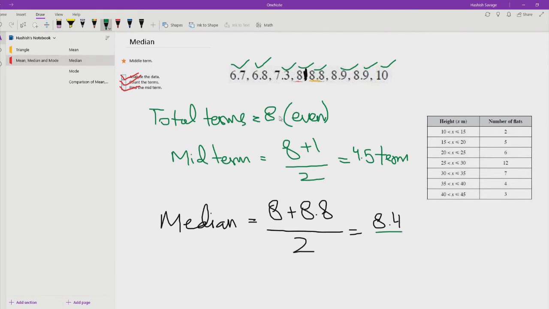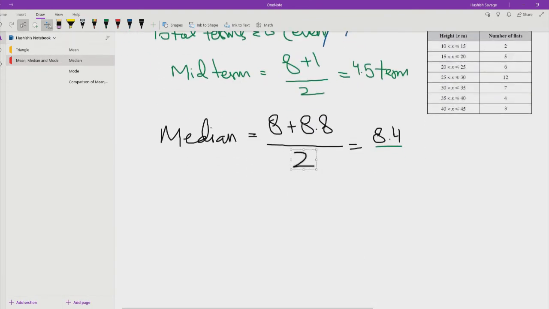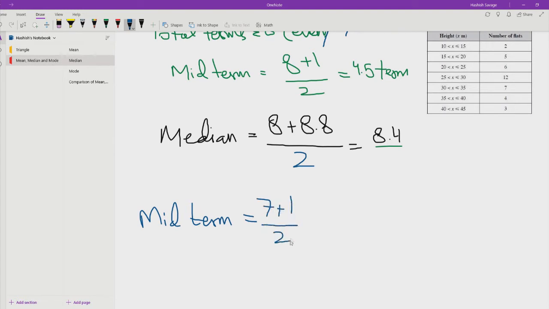For example, if there are just 7 terms, now your midterm will be 7 plus 1 divided by 2.